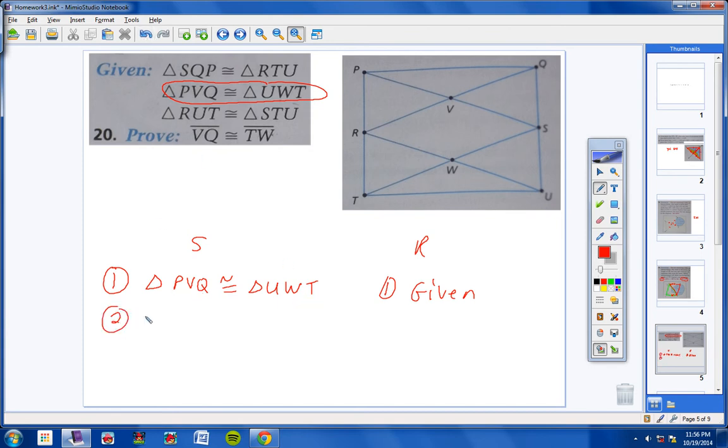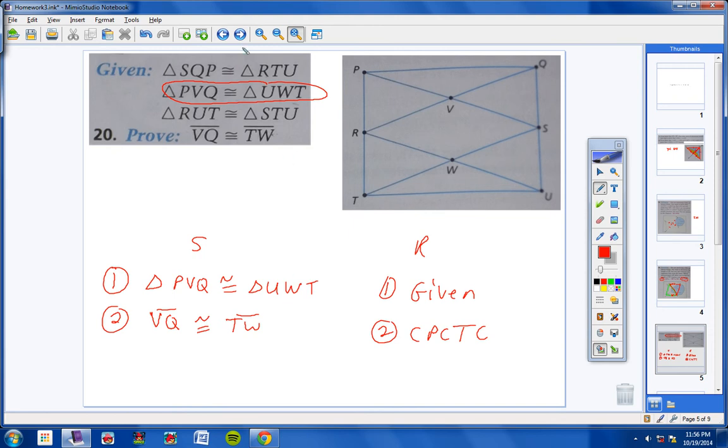We can definitely state that VQ is congruent to TW by CPCTC. Remember, once we state that two triangles are congruent, then we can state that any of the corresponding parts are congruent to any of the corresponding parts over here.